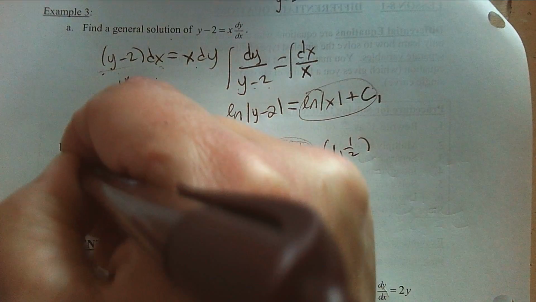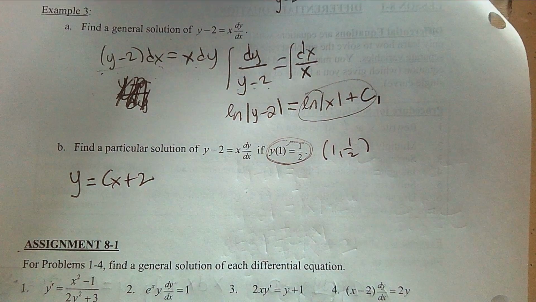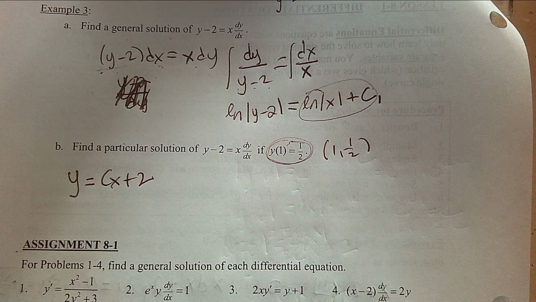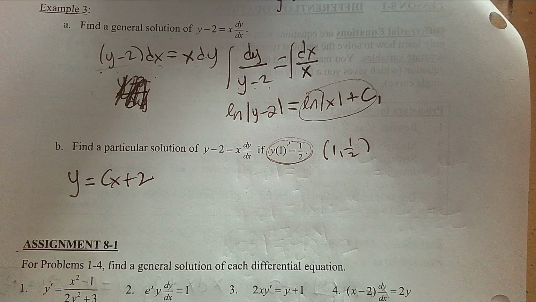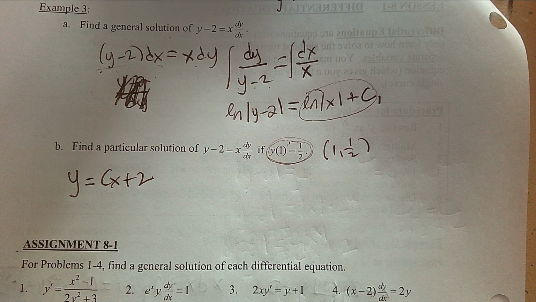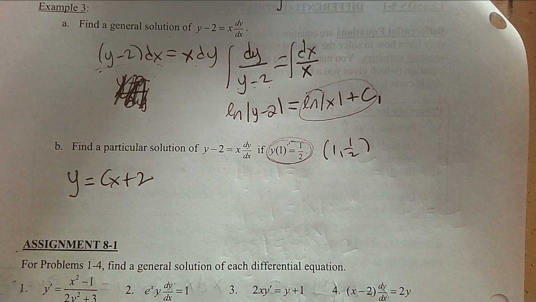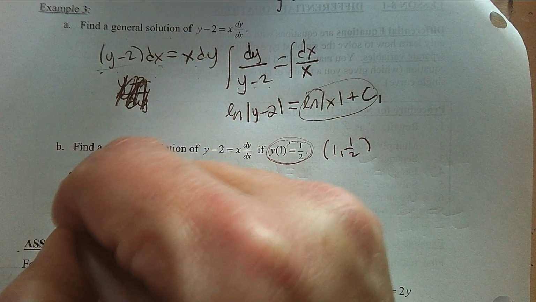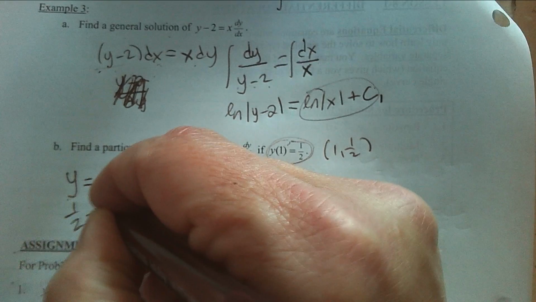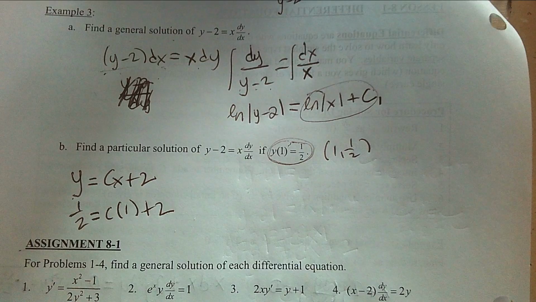Remember I said that was the general solution that we came up with from the last question? What number would I plug in for y and which for x? When I solve for C, it'll be obvious if C is positive or negative when I solve for it. So what number will I put in for y? 1/2. And what number will I put in for x? 1. And now solve it.